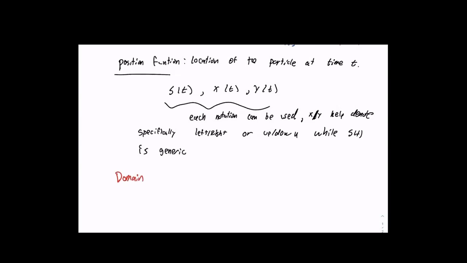Domain. For particle motion, we denote the start position as t equals 0.